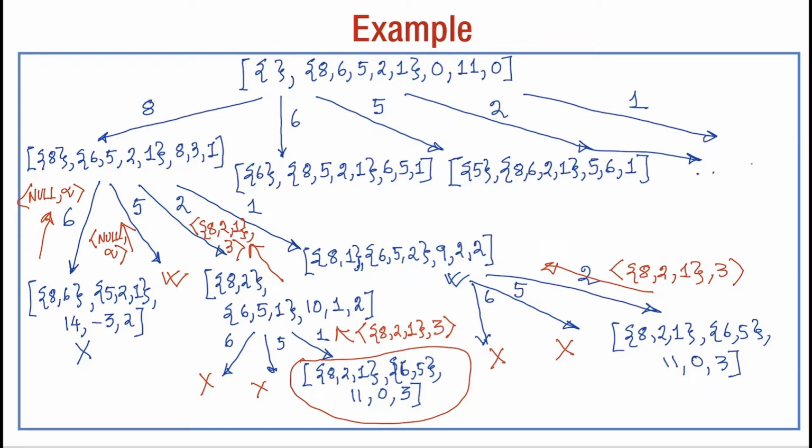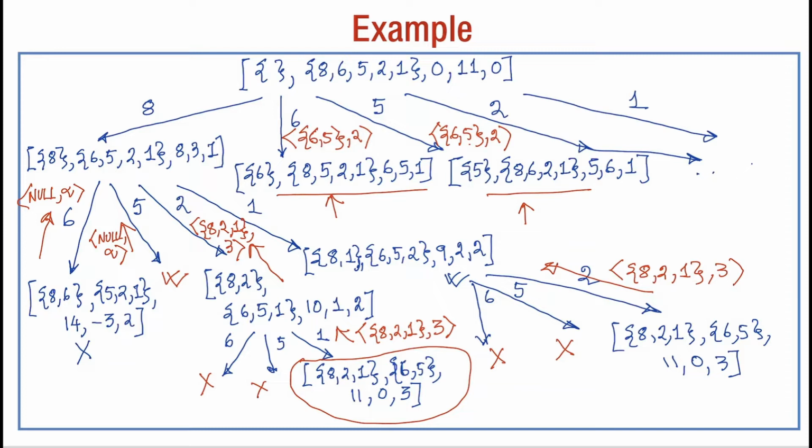It is not difficult to see that from this case you will actually get 6, 5 and 2 returned. From this case again, I am not drawing the details of the recursion, you will get 6, 5 and 2 returned.